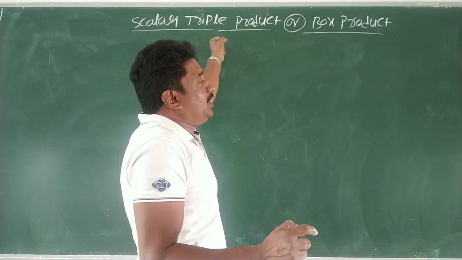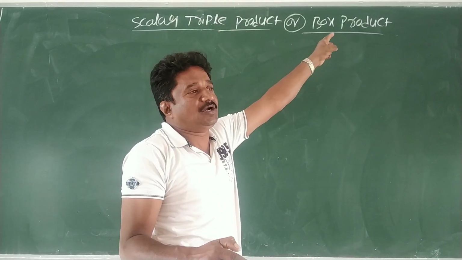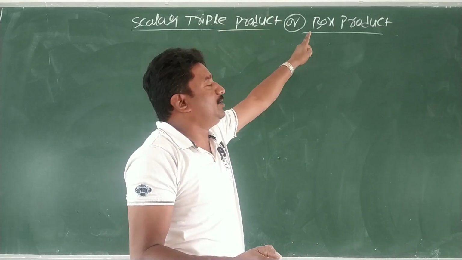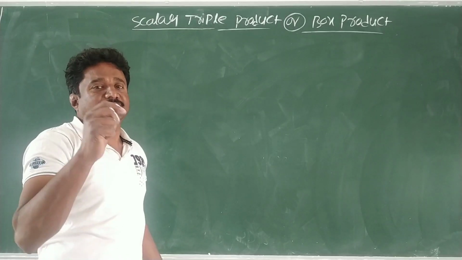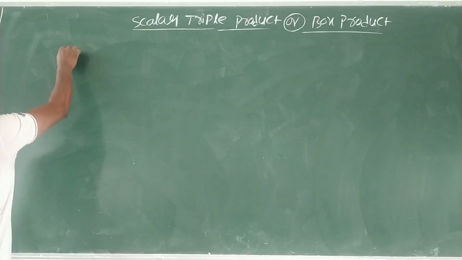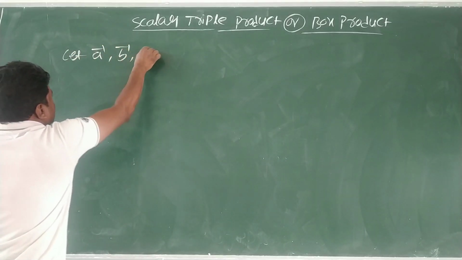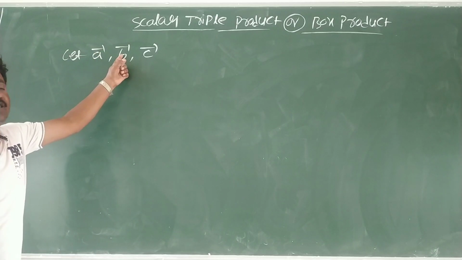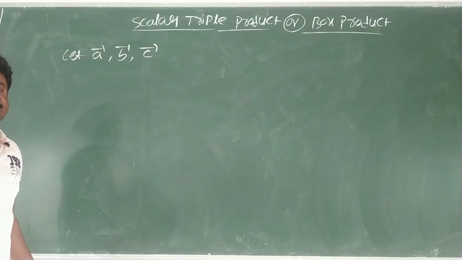So scalar triple product can also be called a box product. We call the scalar triple product by one more name, that is box product. Look at the students, so easy product. Let vector A, vector B, vector C be any three vectors.